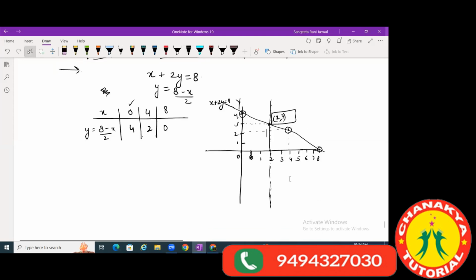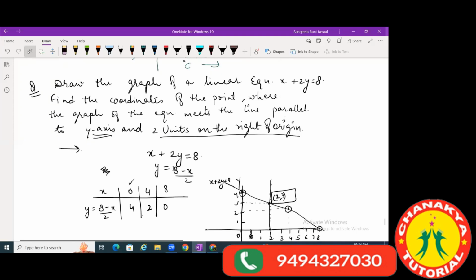Ma'am, I had another doubt. Yes, beta. Ma'am, I was solving some worksheets online about linear equations. There they gave a mixed fraction and told us to find the value. So we have to solve it like this only, right, ma'am? Yes, the same way. You can even get some decimal points also.